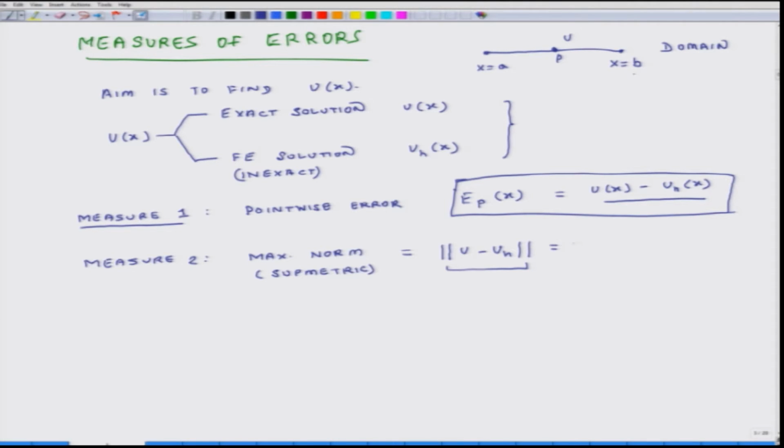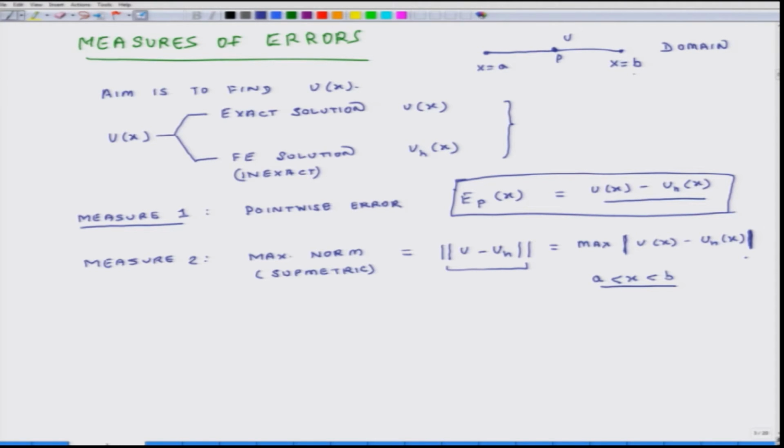It is equal to the maximum value of the absolute value of u of x minus u h of x, where x ranges between a and b. The first thing is that this is a positive number, because it is an absolute value and it is the maximum possible value of this difference.